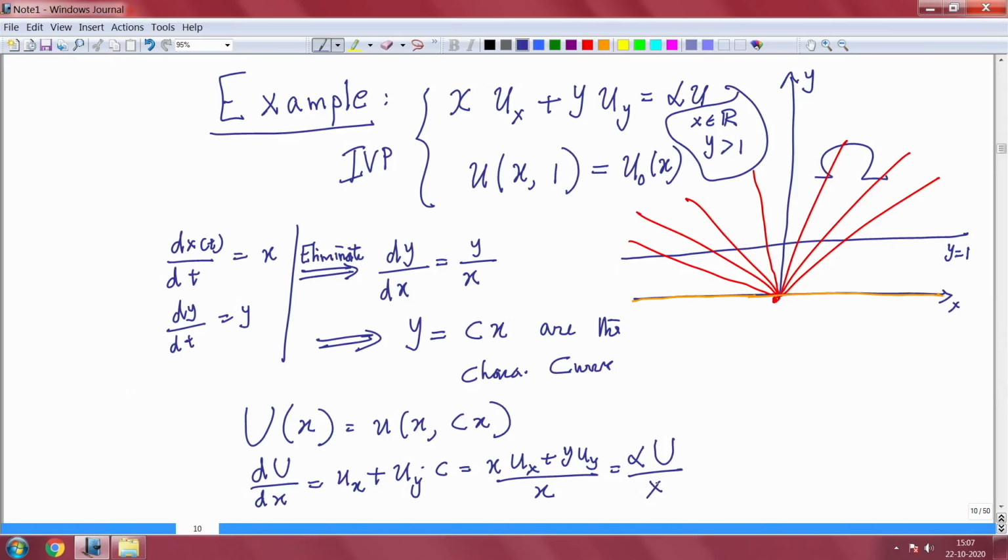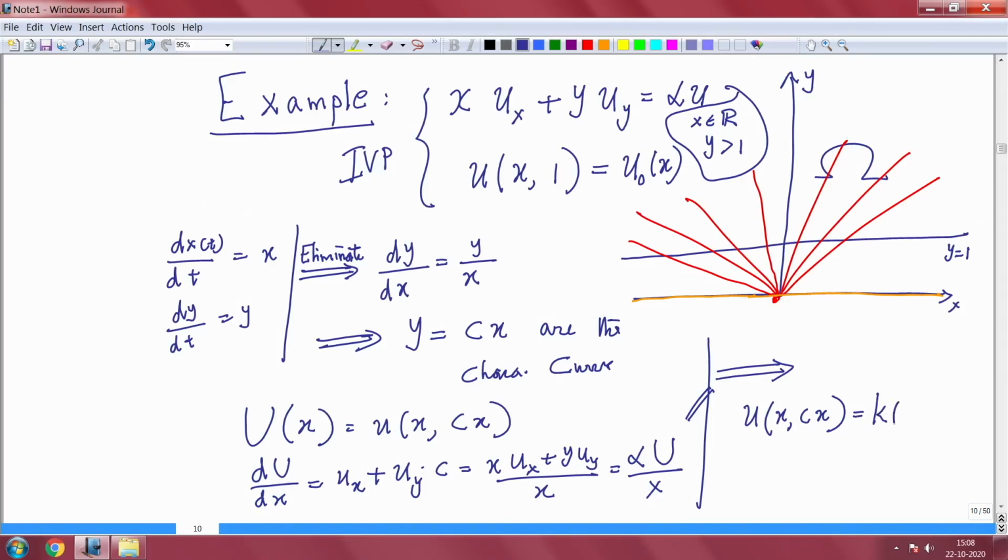So, you can solve this equation, let me not do the computation. Because this is dU by dx equal to alpha U by x, you can solve along a particular characteristic. So, you are fixing a characteristic and solving that ODE along the characteristic with a constant of integration.